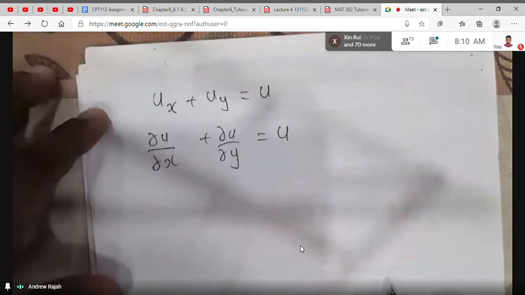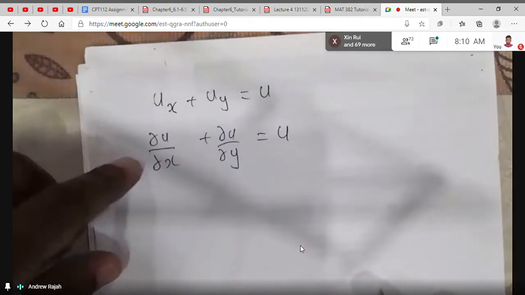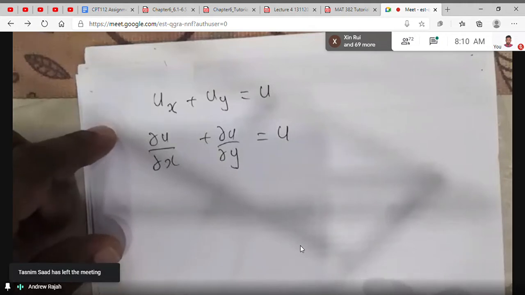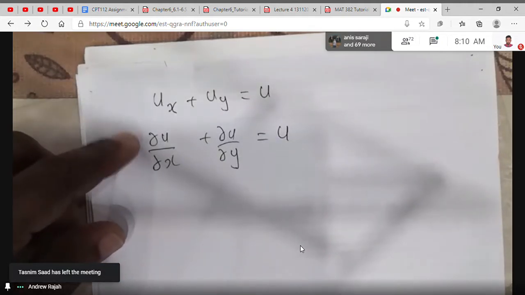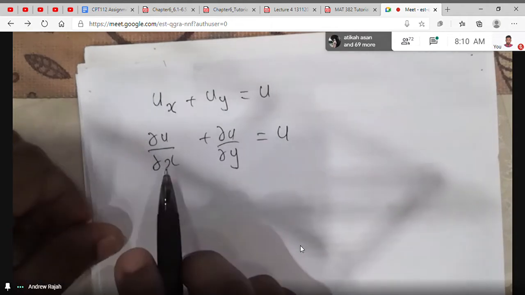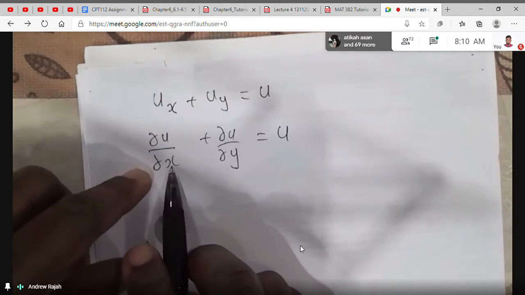Okay, you have to find a general solution for this, but it's difficult to find directly because there's partial differentiation with respect to x.